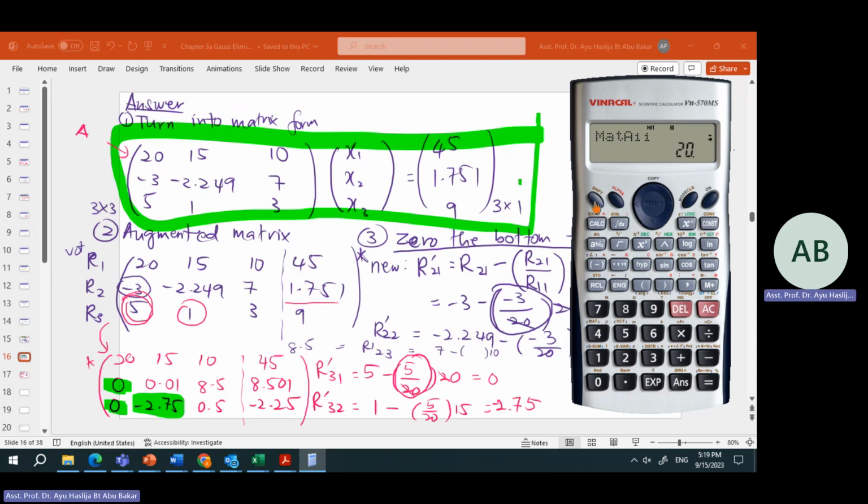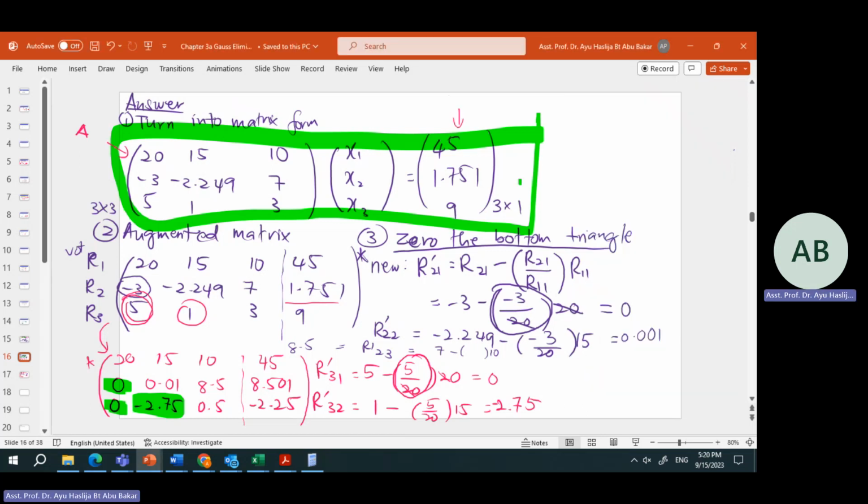Now we set up matrix B. Shift 4 again, then press 1. Press 2 because we want to set matrix B. Which one is your matrix B? Not the unknowns, the numbers.